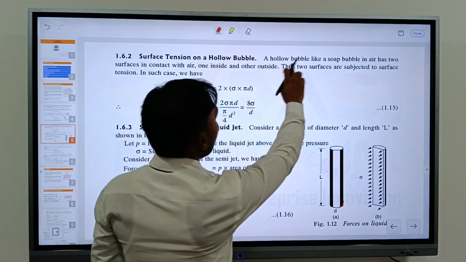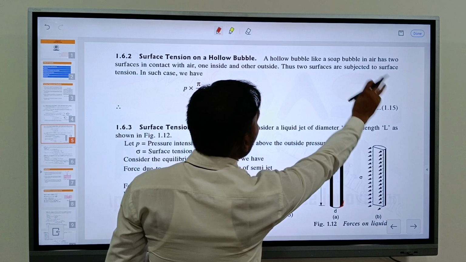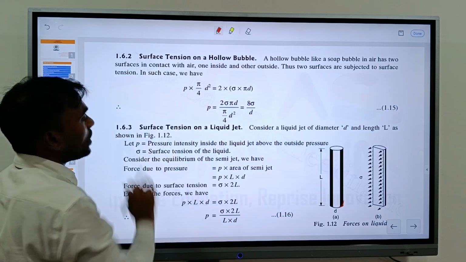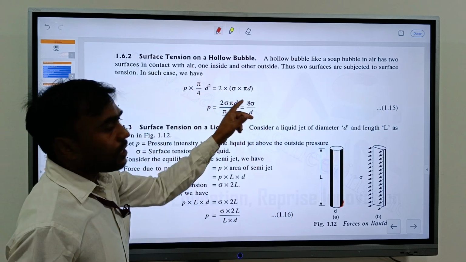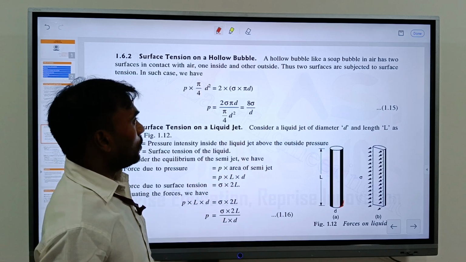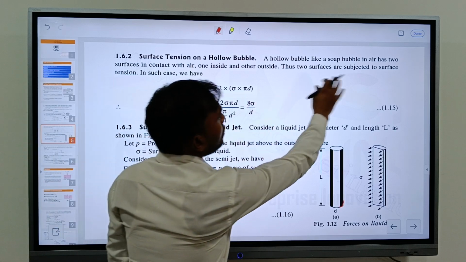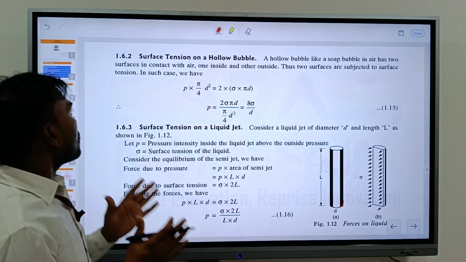For example, you can see here a hollow bubble like a soap bubble in air has two surfaces in contact with air, one inside and the other outside. Therefore, there are two surfaces subjected to surface tension.